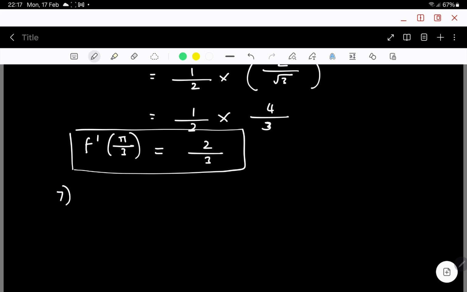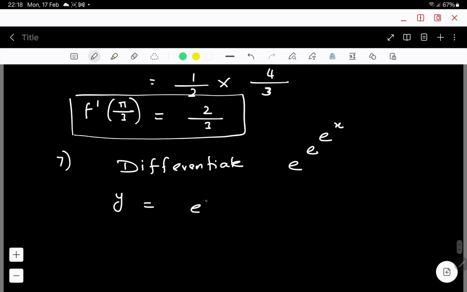Next, the seventh problem. Differentiate e power e power x. So first take y is equal to e power e power x. To differentiate we apply the exponential rule.